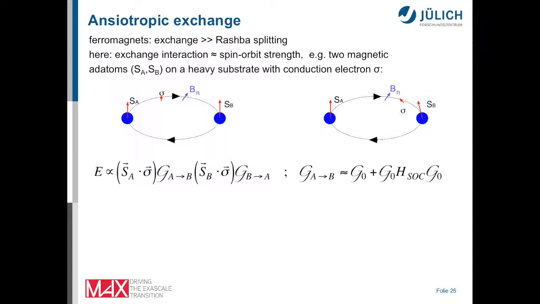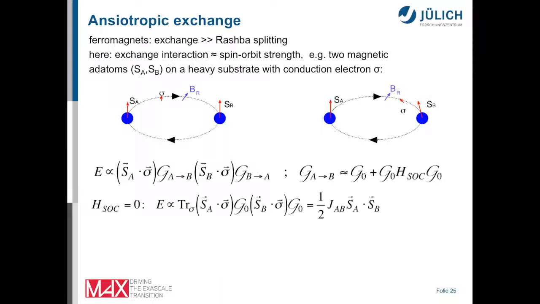If you think you have two spins, which I call A and B, and you have now some conduction electron that mediates the spin, so it interacts somehow with the spin A, and then it travels from A to B. It interacts with B and travels back to A. Then on the way from A to B, you have a non-relativistic contribution G0 and a relativistic part, which I write here with this SOC operator in addition.